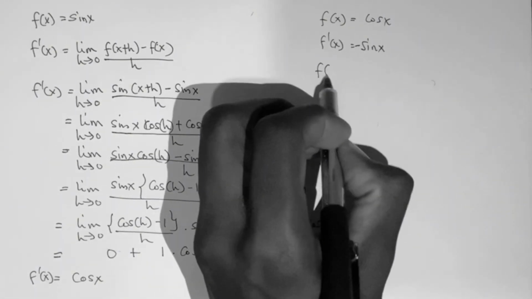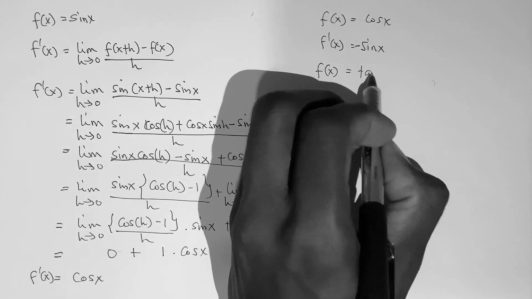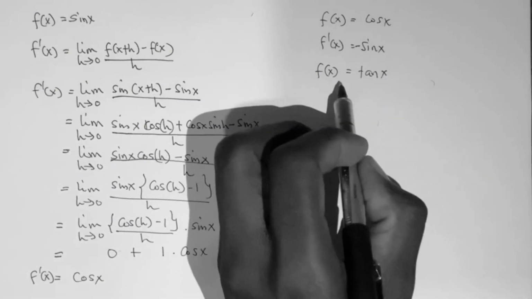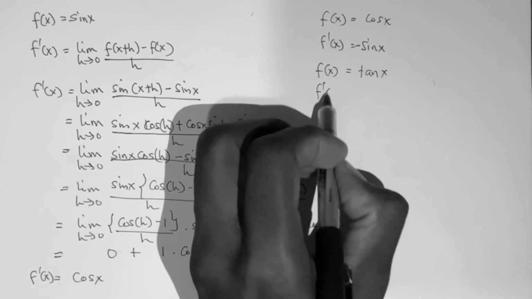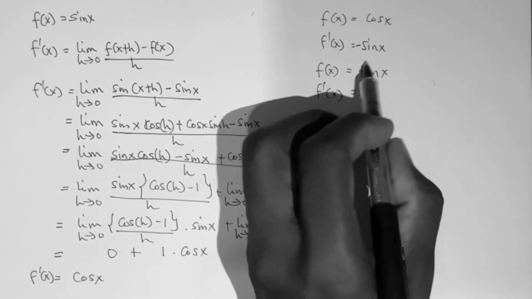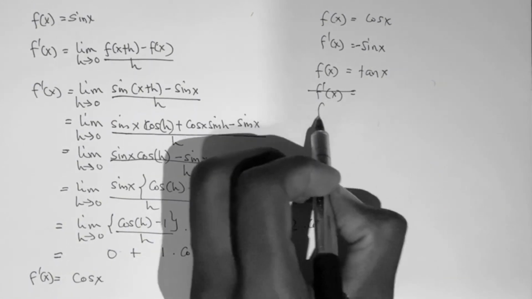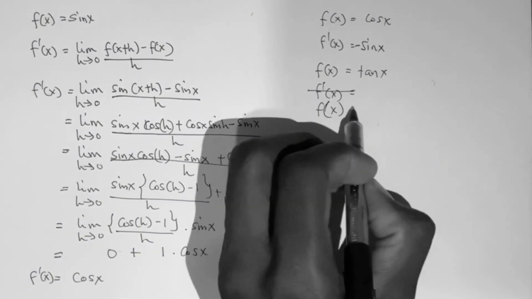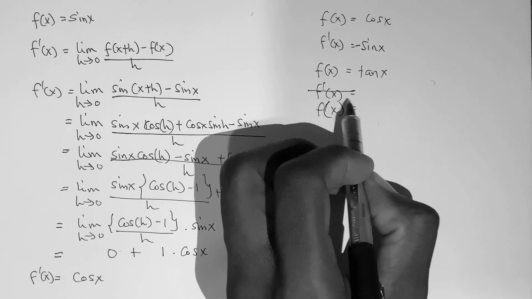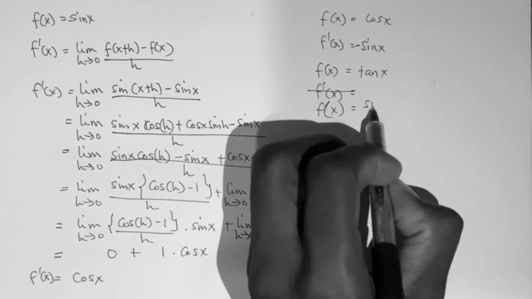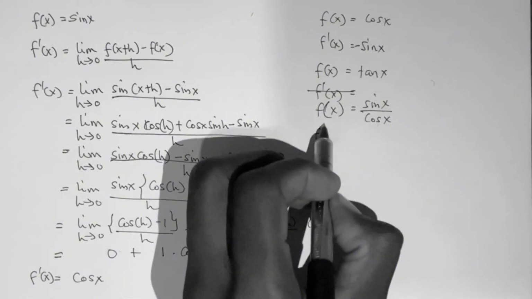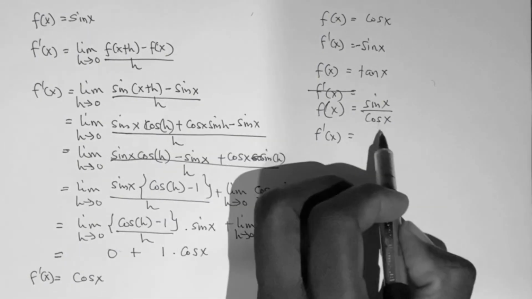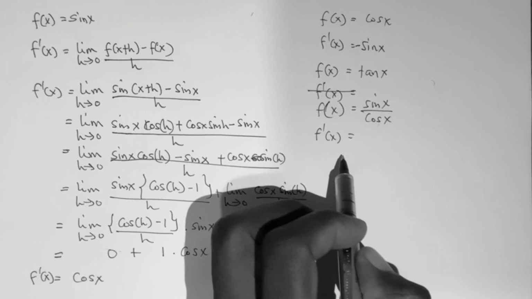Now, what if f of x is equal to tan x? What is the derivative of tan x? Now you see that f of x is equal to tan x can also be written as sine x over cos x. So f prime of x is equal to, we need to use the chain rule in this case.